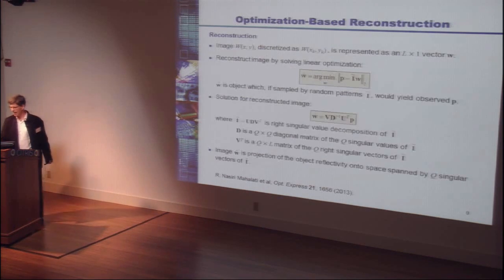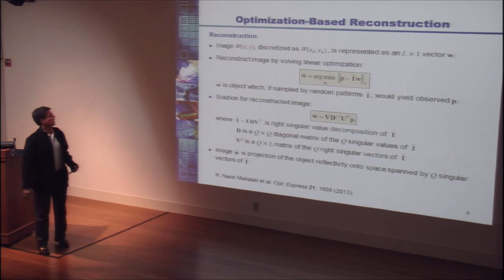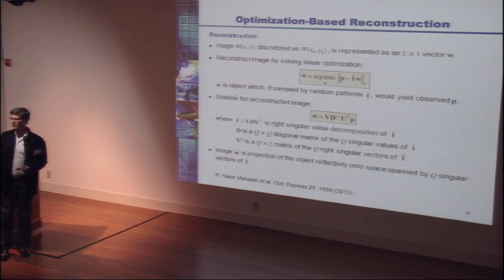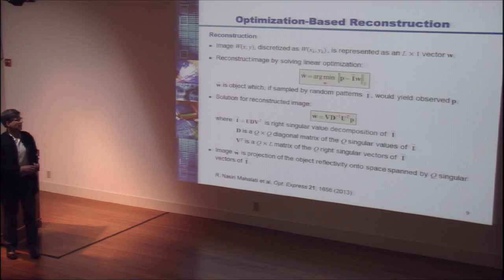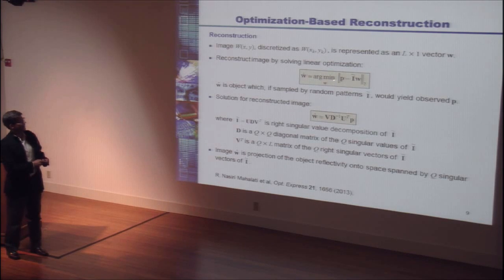Okay. And then this is how we do the reconstruction. W is going to represent our image, and if you discretize it into pixels, it's an L by 1 vector. And the reconstruction of the image follows a very simple linear optimization formula here.